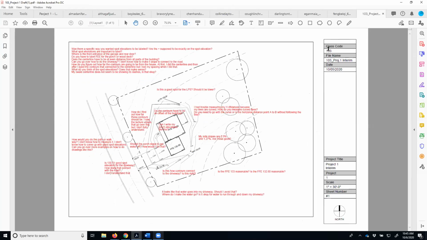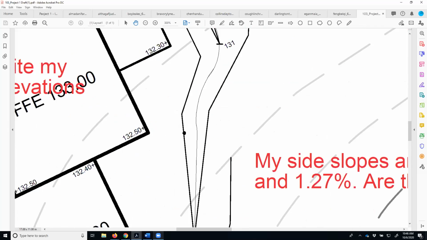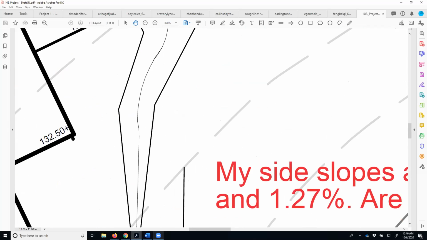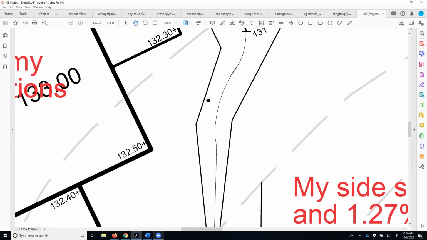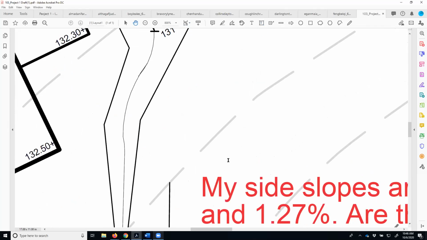Is there a specific way you want spot elevations to be labeled? Yeah, I do. Are the plus signs supposed to be exactly on the spot elevation? Let's talk about that. Let's zoom in here. The plus needs to be on the ground for the surface that we're talking about.